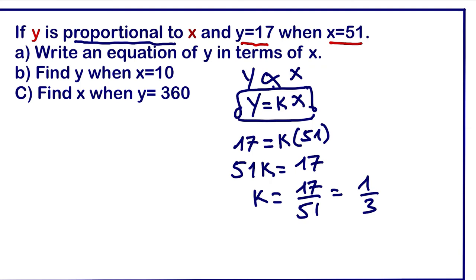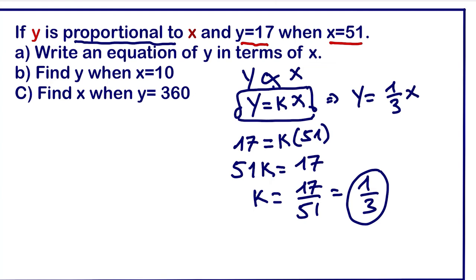So to answer question A, now that we have k, we can write the equation of y in terms of x. y is equal to k x, where k is 1/3, so y equals 1/3 x.